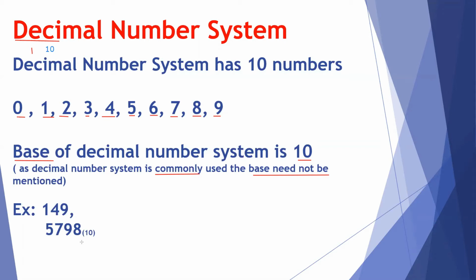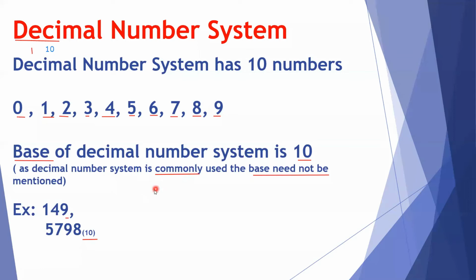You can mention the base or you may not mention it. Here the base is not mentioned, and here the base is mentioned. Both are decimal numbers. This applies only to the decimal system, not to the other number systems.